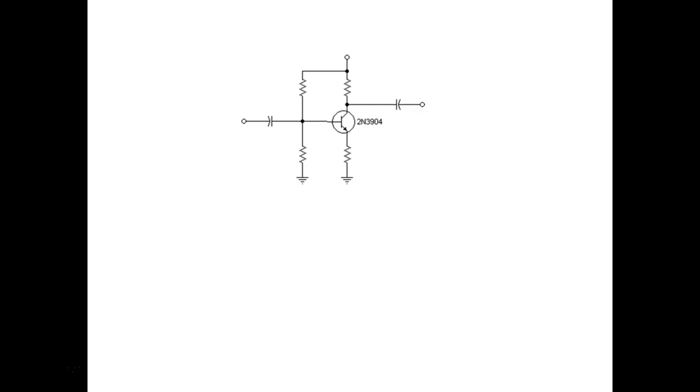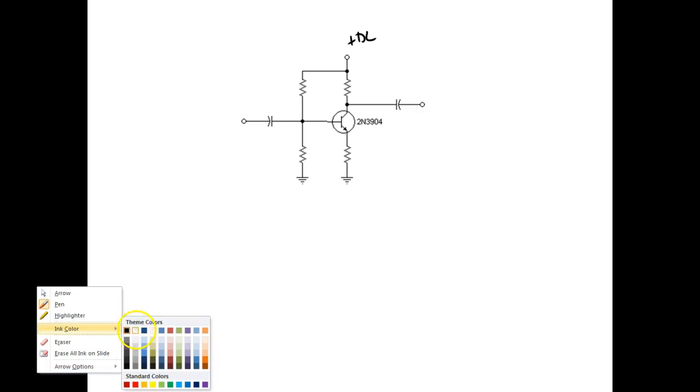So here comes my signal. And of course, we're going to have some type of plus DC up here. Understand, this is an NPN transistor. And my signal comes through. What does it see? Now, we're not doing current flow, we're doing signal flow. It makes it a lot easier so we can see the path.